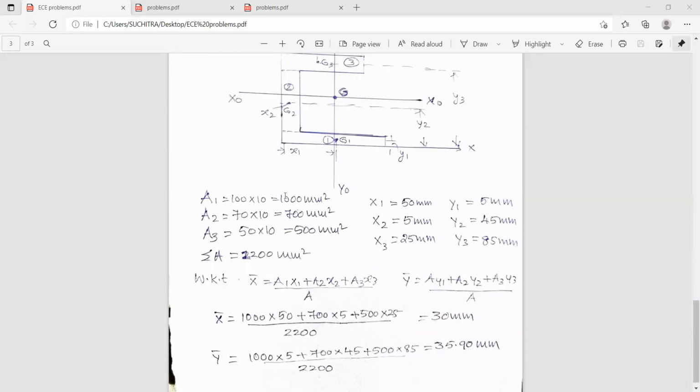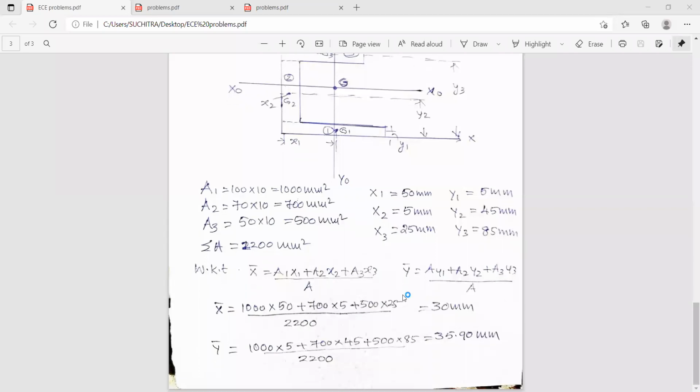You can see here, A1 is 100 into 10, 1000, and sigma A works out to be 2,200 millimeters square. And these are the coordinate distances with respect to y-axis and x-axis. So x1 is 50, x2 is 5 mm, x3 is 25 mm, y1 is 5, y2 is 45 mm, and y3 is 85 mm. So we know the x bar and y bar equations.